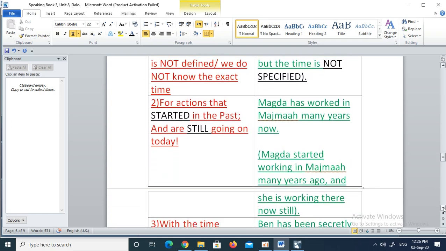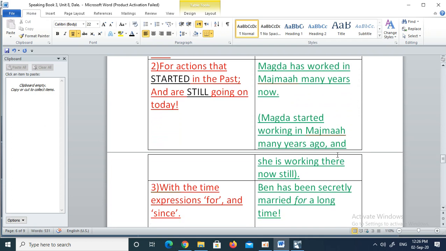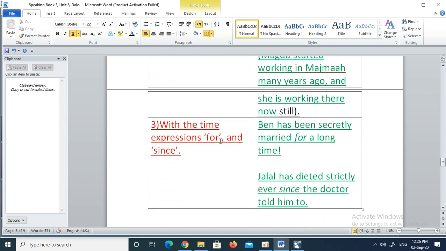If I say Magda has worked in Majma many years now, it means she started working in Majma many years ago. It's an action that started in the past, and she is working there now still. It is an action that is still going on today. So for an action that started in the past and it is still happening today, we will use the present perfect tense.